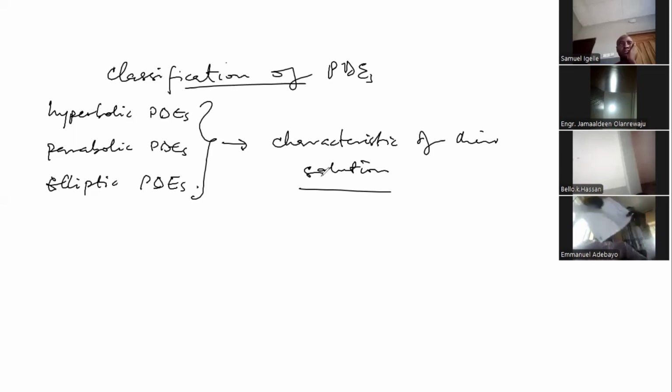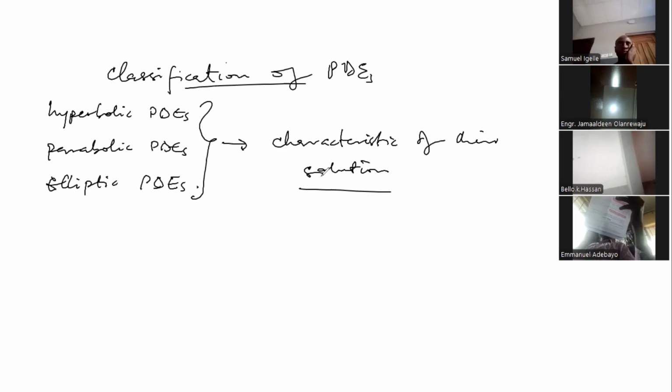So a particular partial differential equation whose characteristic is defined may be hyperbolic depending on certain conditions. That same equation could be elliptic, depending on the properties of that characteristic equation. Well, it will get clearer when we look at a simple example.